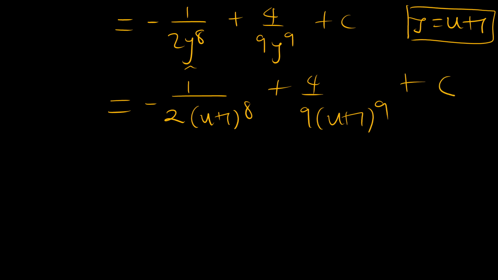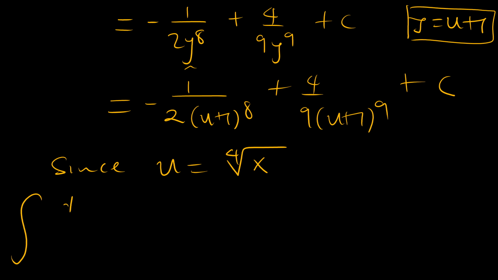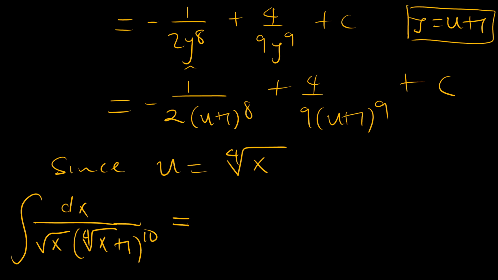But also since we said u is equal to the fourth root of x, our original integral, 1 over square root of x times (fourth root of x plus 1) to the 10, is equal to, where there is u, we put the fourth root of x.